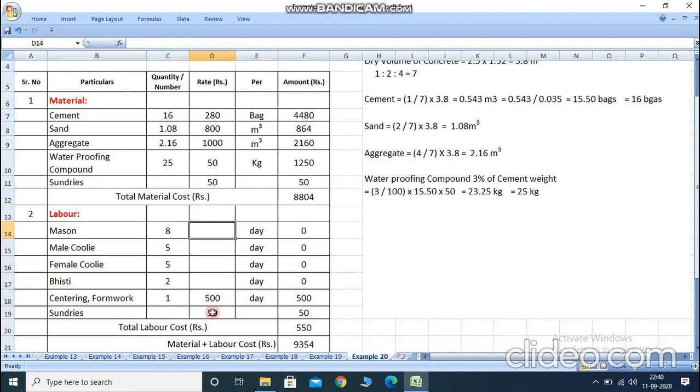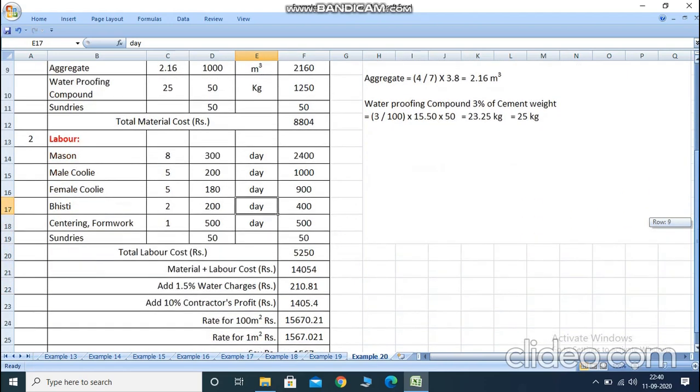Now the mason per day rate is 300 rupees, the male coolie rate is 200 rupees per day, the female coolie is 180 rupees per day, and the bisti rate is 200 per day. Now the summation of 2400, 1900, 400, 500 and 50. So the total answer is 5250.